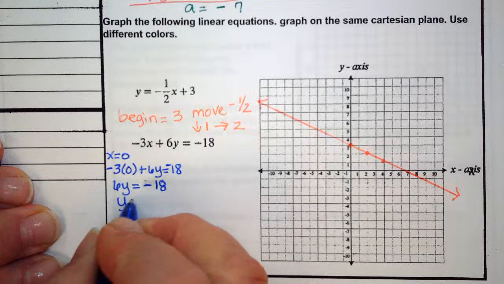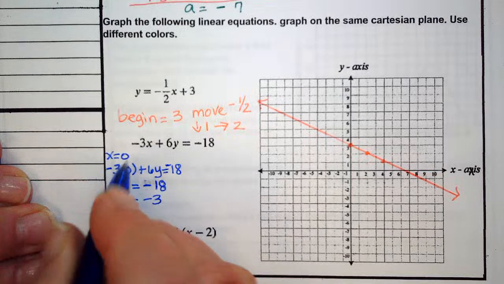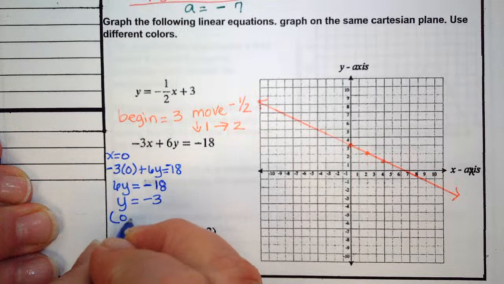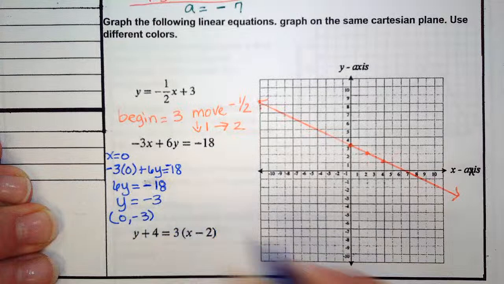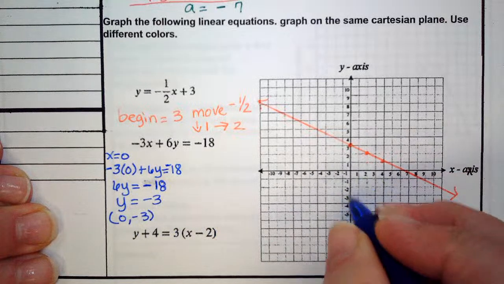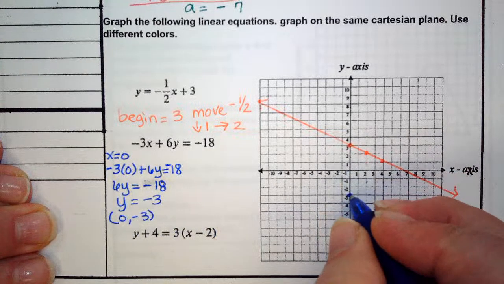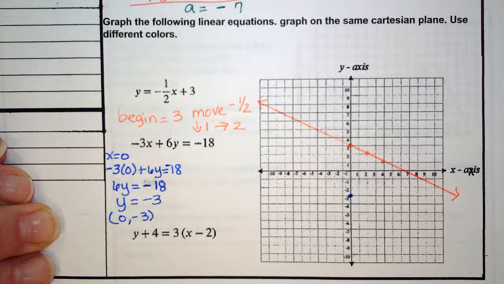And y will be negative 3. So the first point is 0, negative 3.